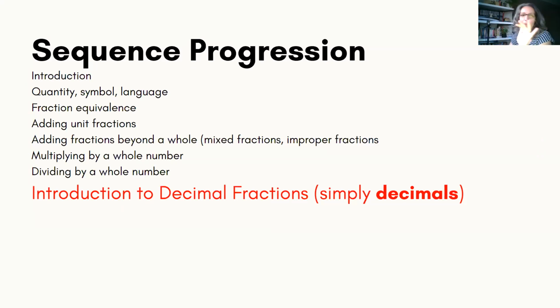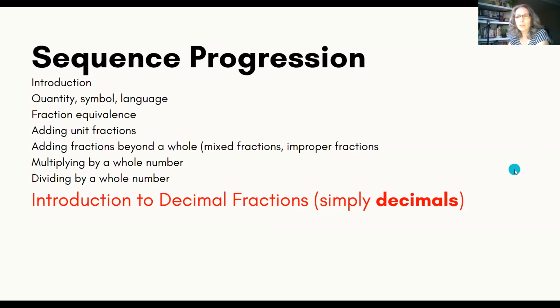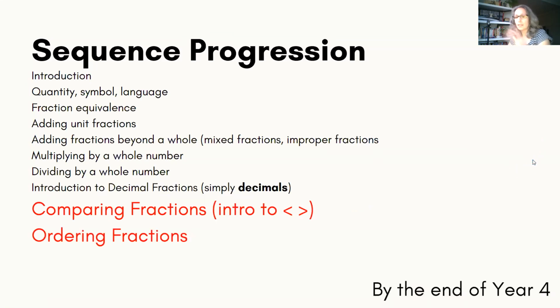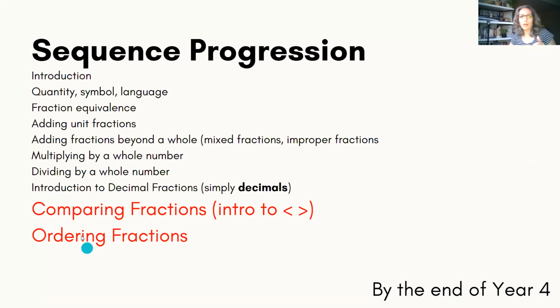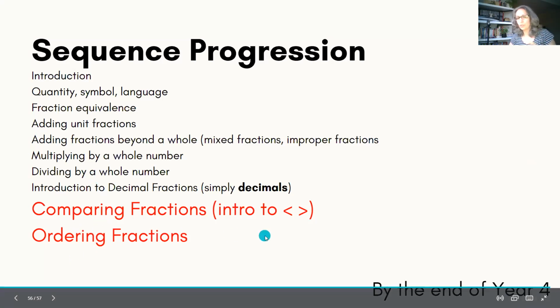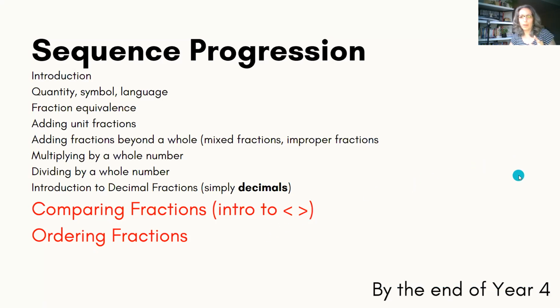But I'm not going to get into that because that's a whole other area that I don't want to deal with. It's big. Next, it's comparing and ordering fractions. You can introduce this anywhere in your sequence, but I believe it's important to compare. So what I've done so far up to this point is I've taken you through what a child should know by the end of year 4.